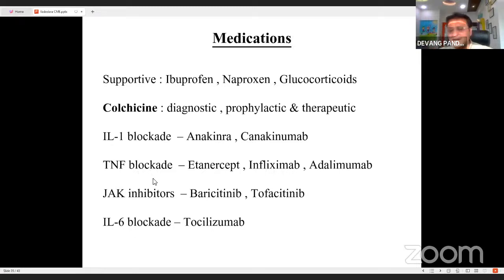TNF blockade is freely available, like etanercept, infliximab, and adalimumab. So all TNF-associated disorders we can completely treat here. And JAK inhibitors are also available in India in the form of tofacitinib and baricitinib. And these drugs work well in interferonopathy.